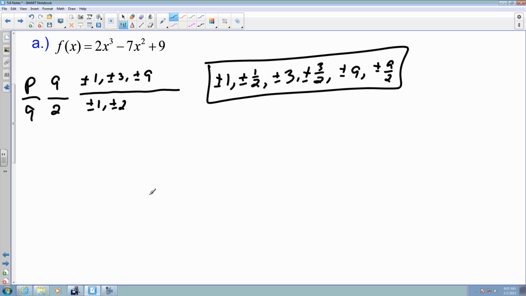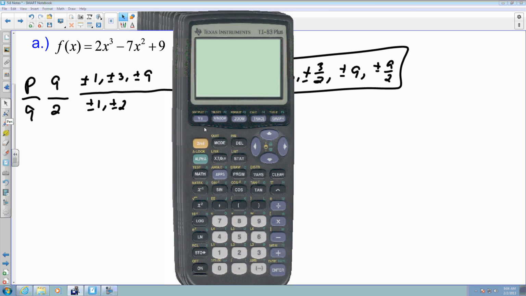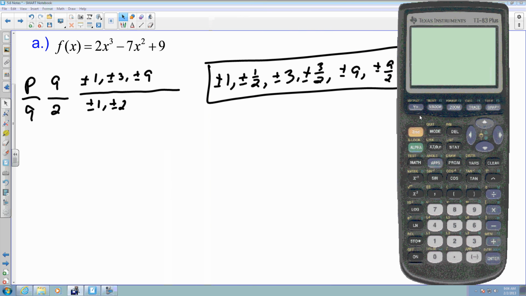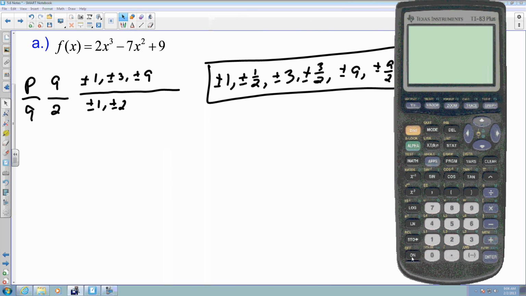number zero solutions. How I can determine what those are is I'm going to go to my graphing calculator, which is right here, and let's take a look. I'm going to click it on and go to the y equals button so I can graph a function. I'm going to clear out anything that was in there.